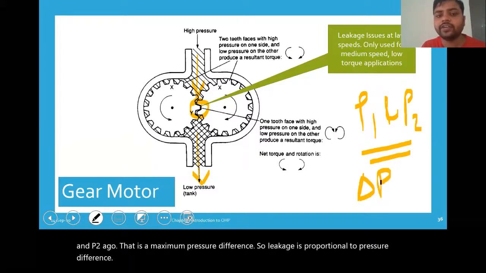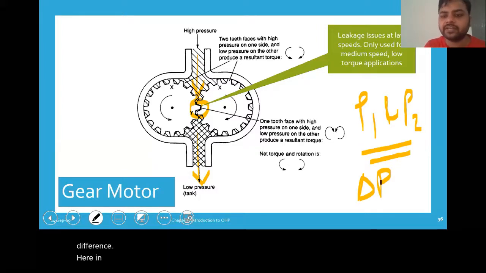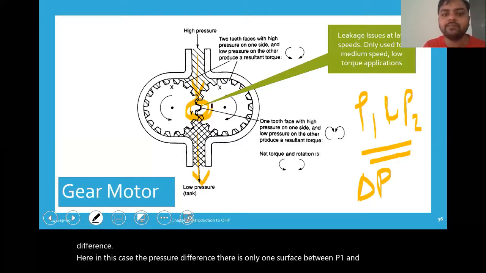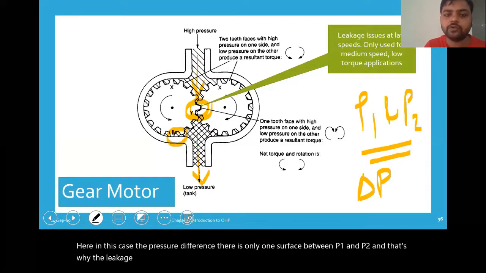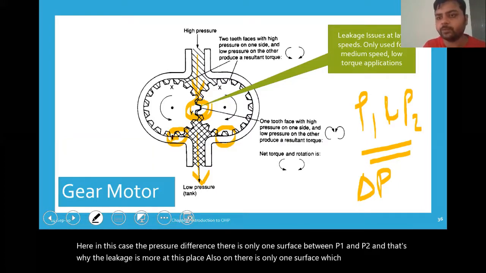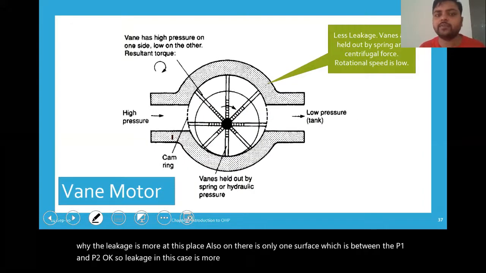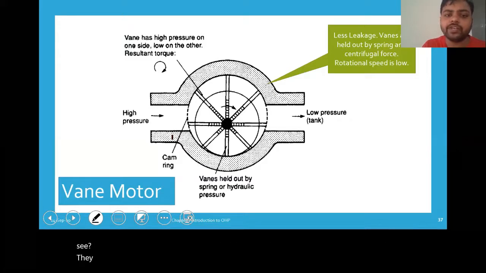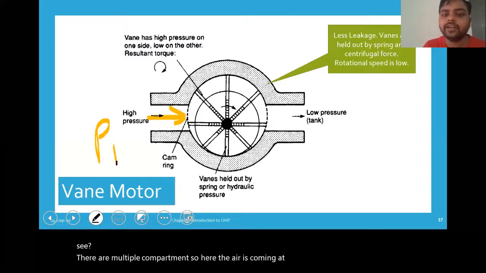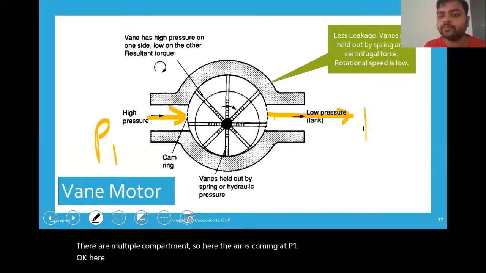Here in this case, there is only one surface between P1 and P2, and that's why the leakage is more. At this place also, there is only one surface between P1 and P2, so leakage in this case is more. But here in this case, what happens? You see, there are multiple compartments. Here the air is coming at P1, and here we are having a pressure P2. But what happens in this compartment?